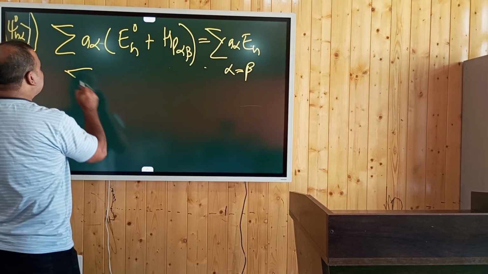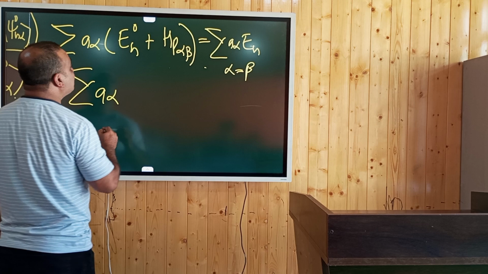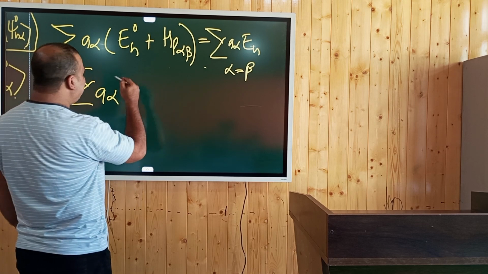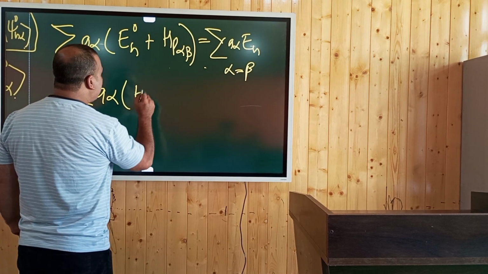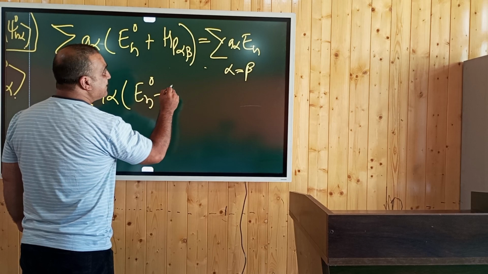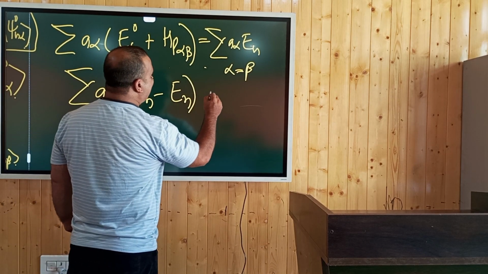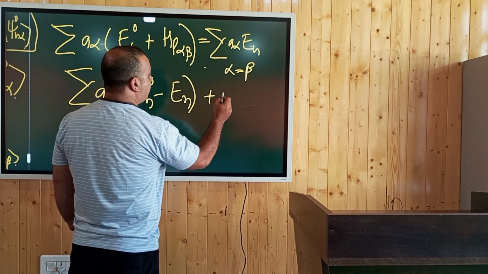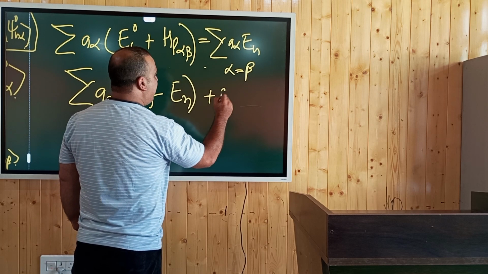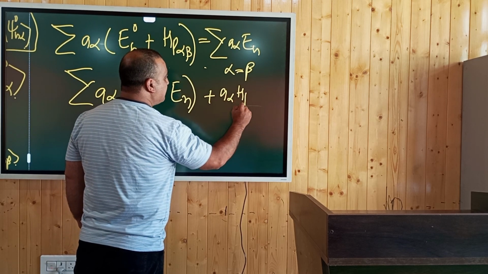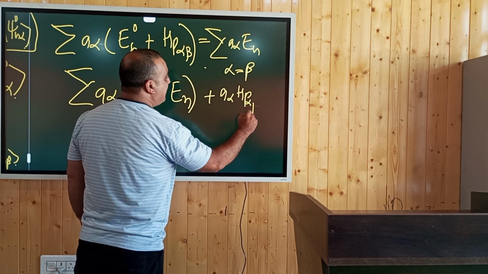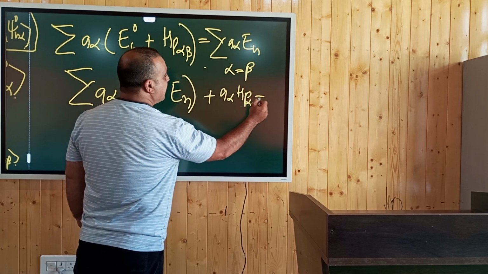So this is sigma A alpha. Bring that here, so this is En naught minus En. Then you have plus A alpha HP alpha beta is equal to 0.